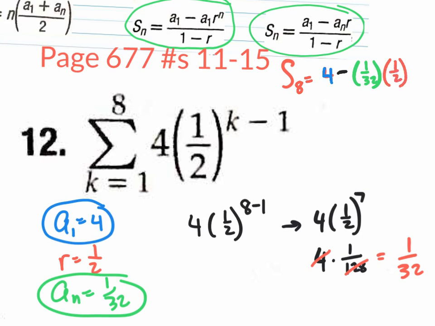And it's all divided by 1 minus the common ratio r, which is 1/2. Okay, so let's do this. Let's begin by multiplying 1/32 times 1/2. So up on the numerator, we will end up with 4 minus 1 over 64. And it will be divided by 1 minus 1/2.